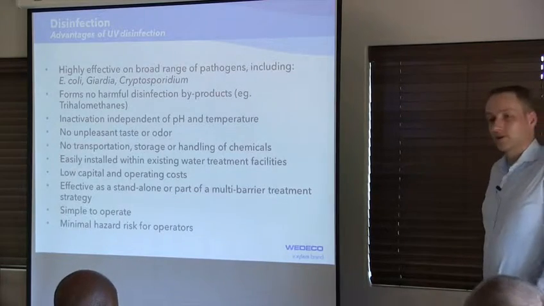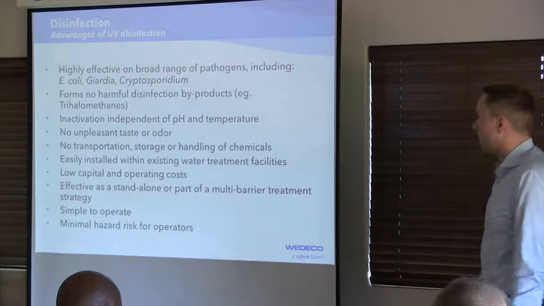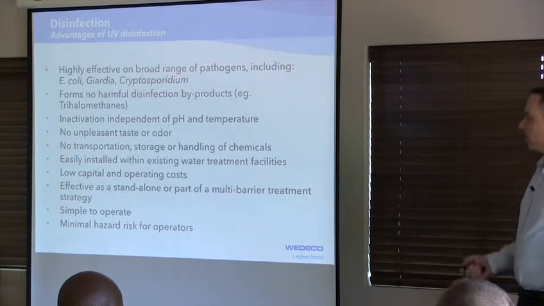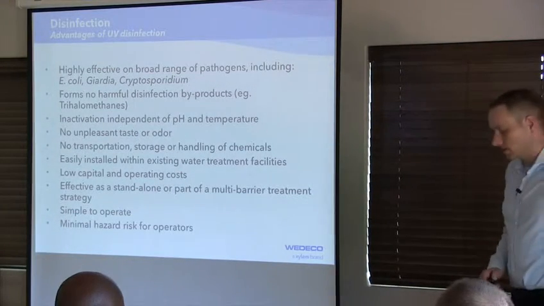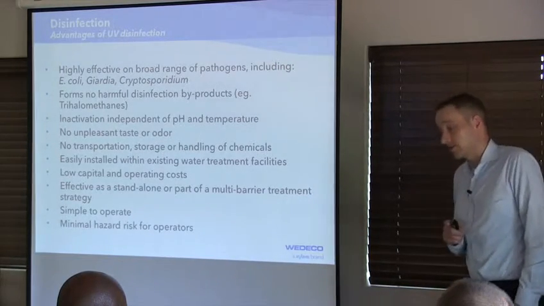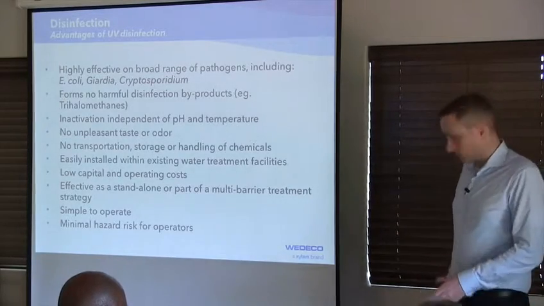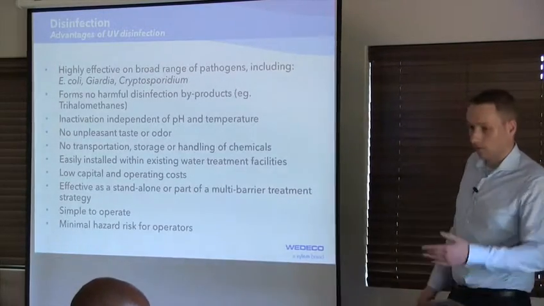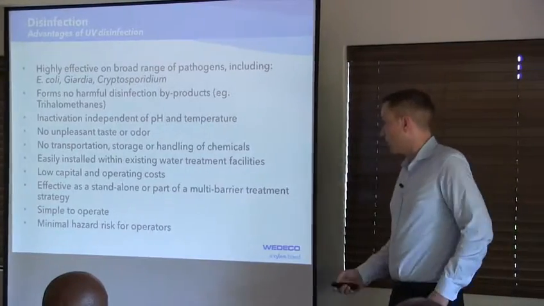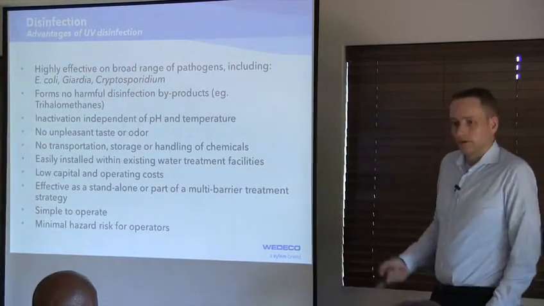The capital investment cost for a UV system that can do the disinfection is much lower. And we guarantee that our lamps last 14,000 operating hours, so that's basically 2 years, depending on how long you operate the plant. And all you have to do is change the lamps, nothing else.